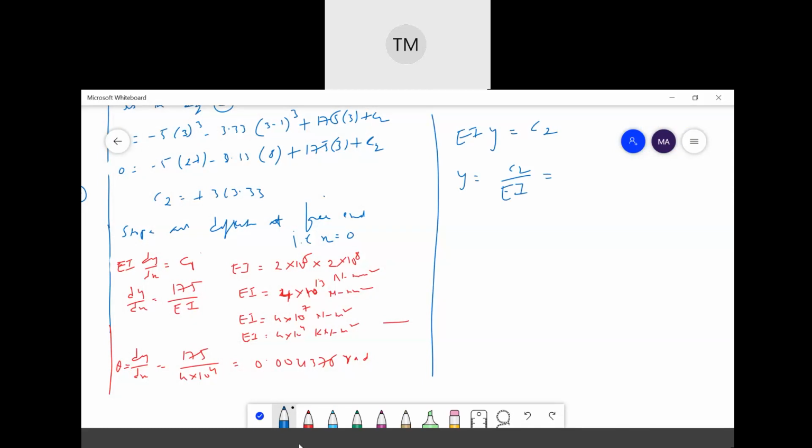The value of C2 is 363.33, and the value of EI is 4 into 10 power 4. The deflection at free end is 0.08 mm. That is, the deflection at free end is how much?